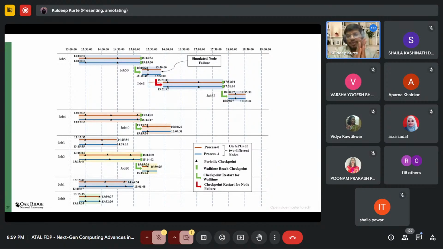But if you want the application side of it, then there is a conference called Supercomputing, and there is a journal called Journal of Supercomputing. Those are the two venues. And there is a conference in India called HiPC, High Performance Computing, which I think happens in December or January, I'm not sure, in Bangalore.